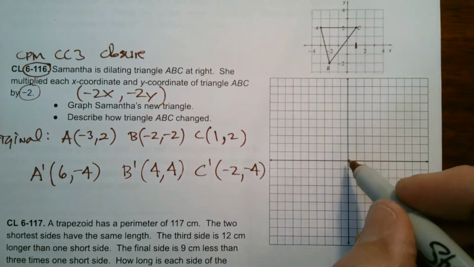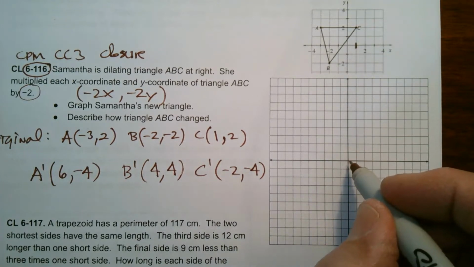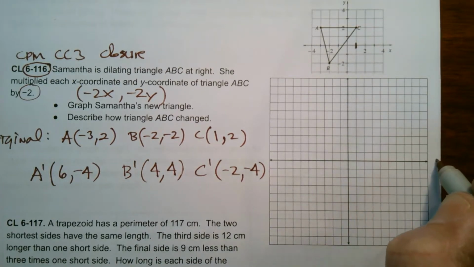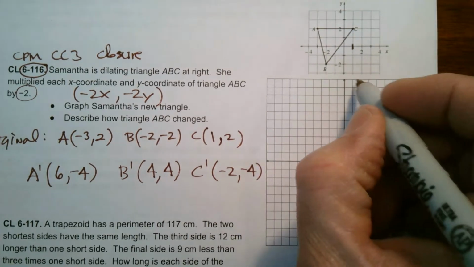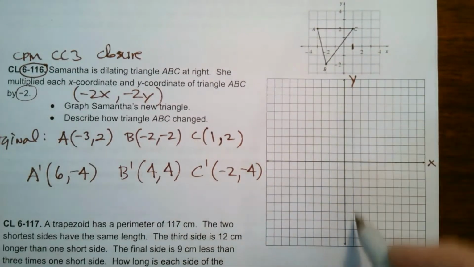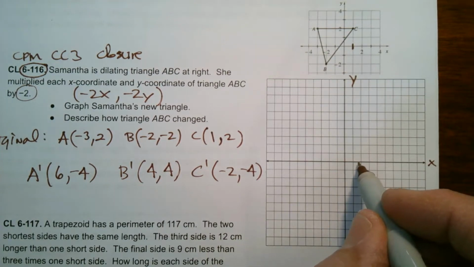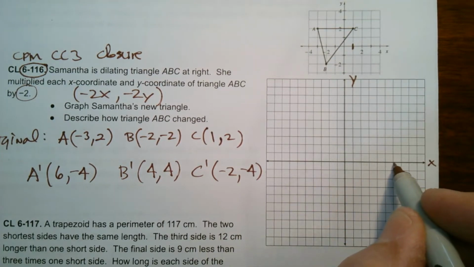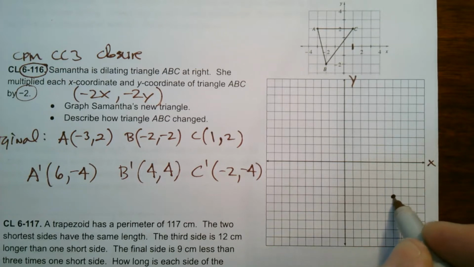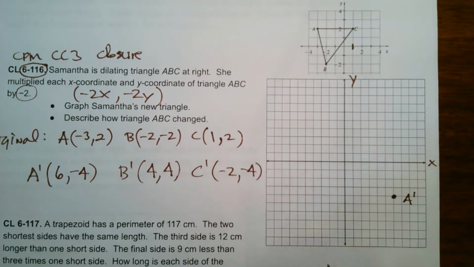So let's see where that is on the graph. This is my x-axis, this is my y-axis. Remember, always your x and your y. So +6 on the x, 1, 2, 3, 4, 5, 6, and -4 on the y. So right there is A prime.